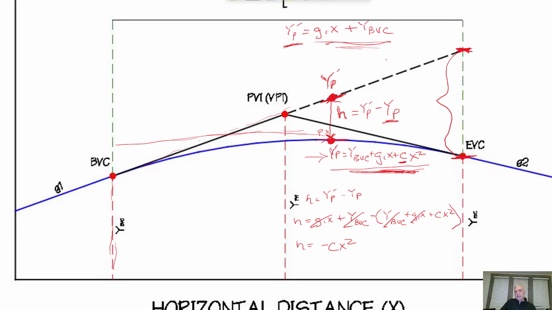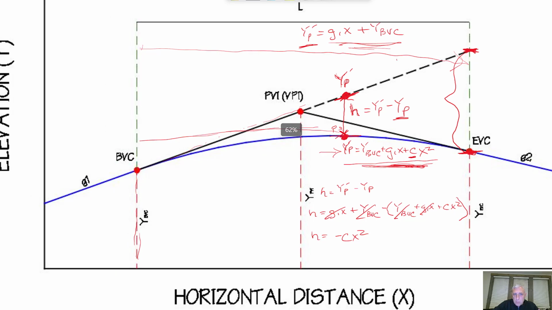What if we were to pick EVC as our point? Then all we need is an x value, right? What is the x value at the EVC? Well, the x value, remember, is the distance from the BVC. Actually, isn't that just L?